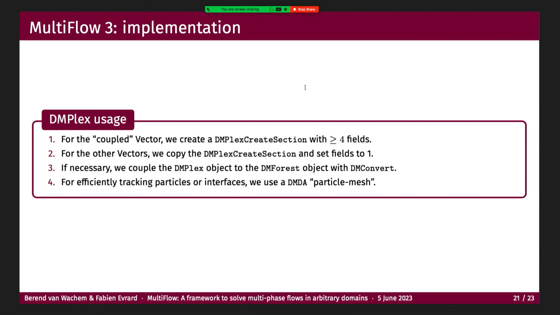We also have many other vectors, like the volume fraction, which is not directly a variable we solve for, but we still have to have it as an unknown or as a known variable. So what we do is we copy the DM, we reset the number of fields, and then we have a vector with those unknowns.